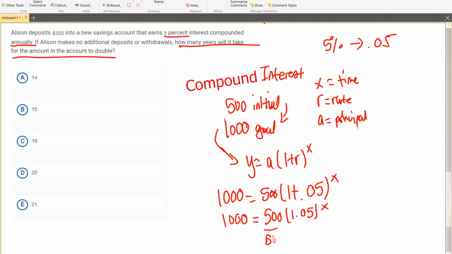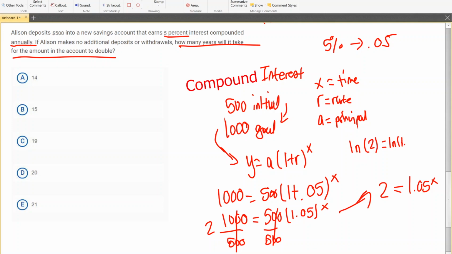And let's divide this 500 out. So we get 2 equals 1.05 to the x power. Now, in order to simplify this, we need to take the ln. So we take the ln of both sides, ln of 2 equals ln 1.05 times x.